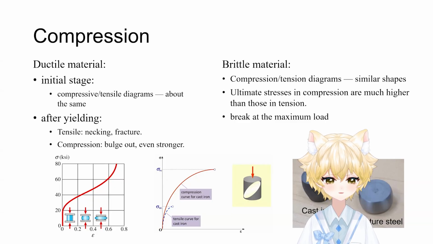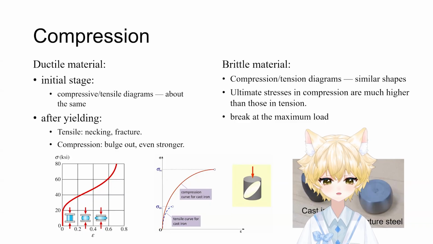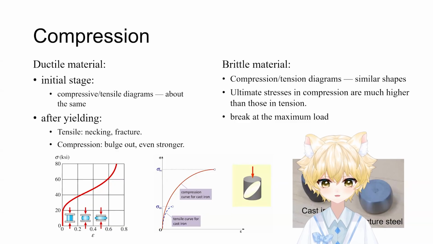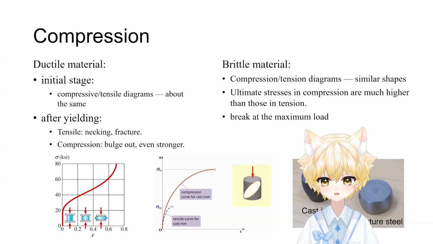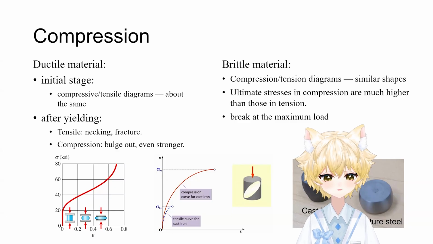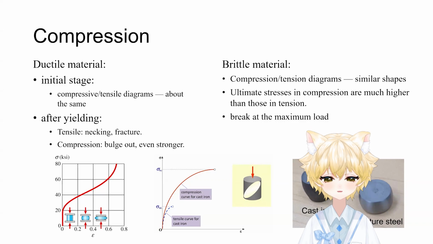But in compression, it does the opposite. It bulges out. It gets flatter and fatter, right? Because the cross-sectional area is actually increasing, it can support enormous load without fracturing. Well, typically it just flattens out like a pancake, right?